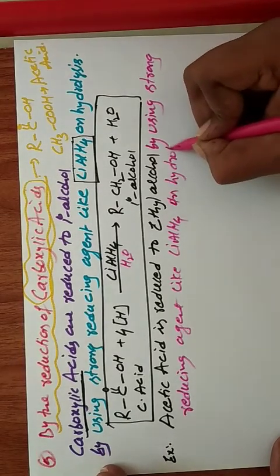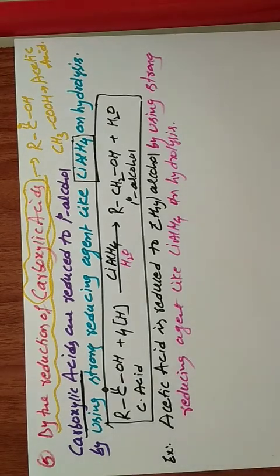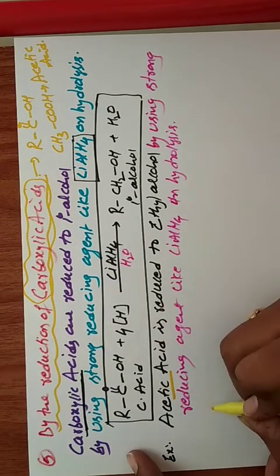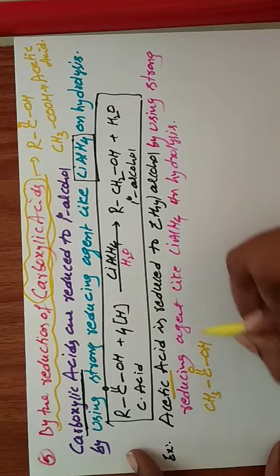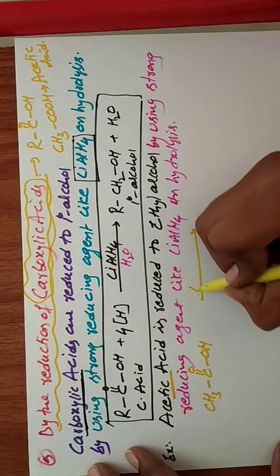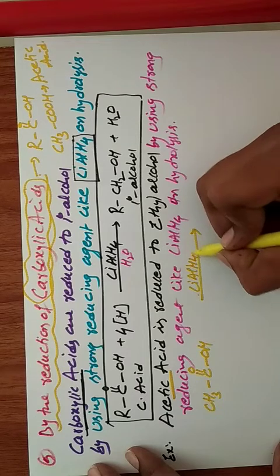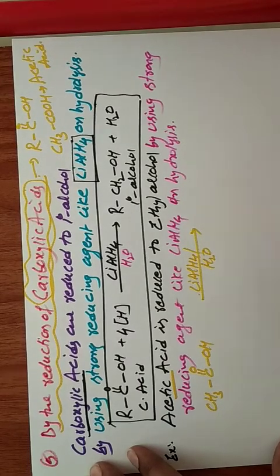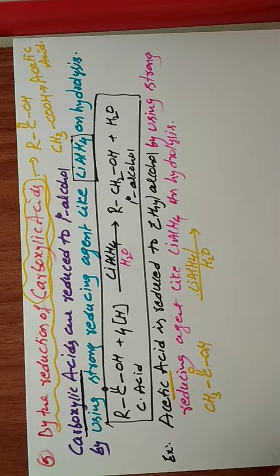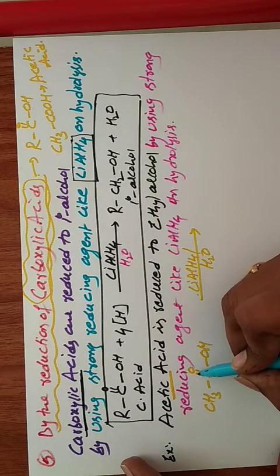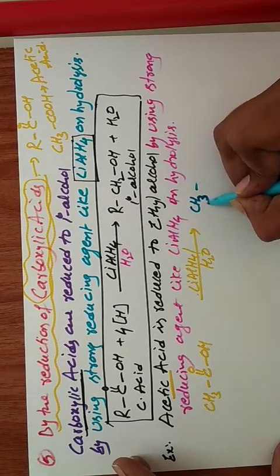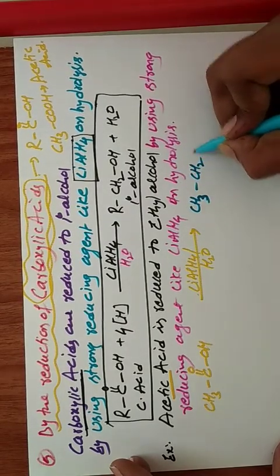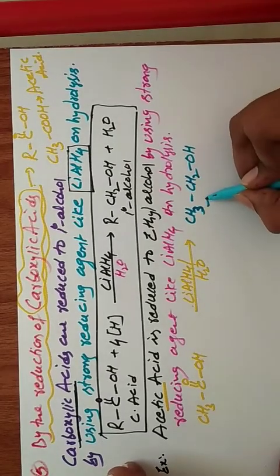What is the formula for acetic acid? CH3–C(=O)–OH. We are using LiAlH4 followed by hydrolysis. Here one pi bond is removed and the oxygen is completely removed, giving CH3–CH2–OH. This is named ethyl alcohol, plus water.